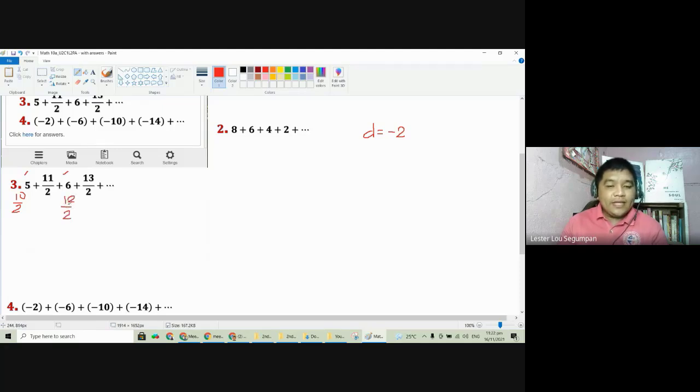This means that from 10 halves to 11 halves, we increased by 1 half. From 11 halves to 12 halves, we also increased by 1 half, as well as from 12 halves to 13 halves. Our common difference here is 1 half. But definitely, we did not write 10 halves and 12 halves since we need to simplify terms if possible.